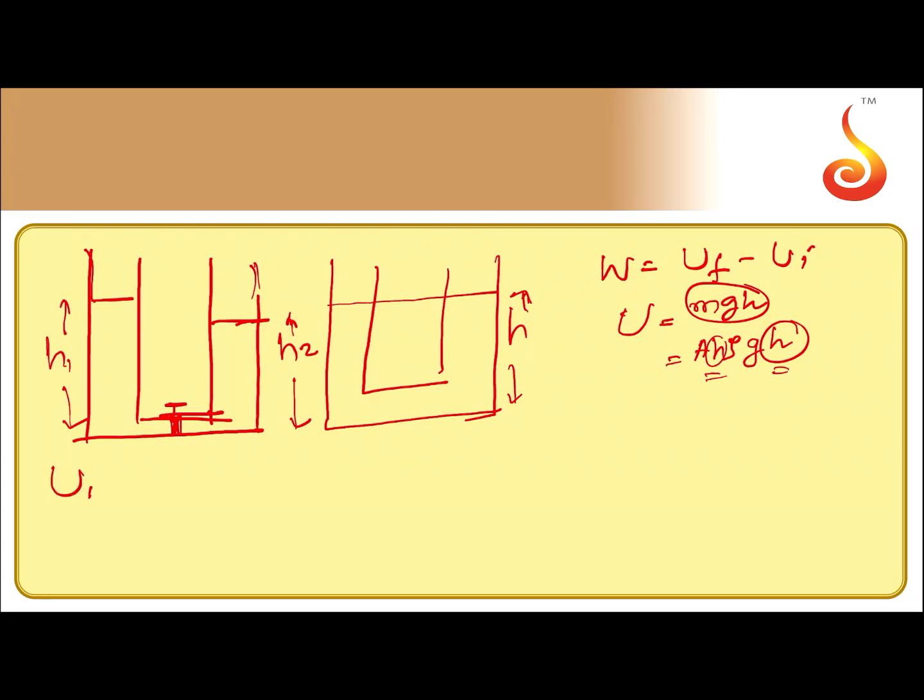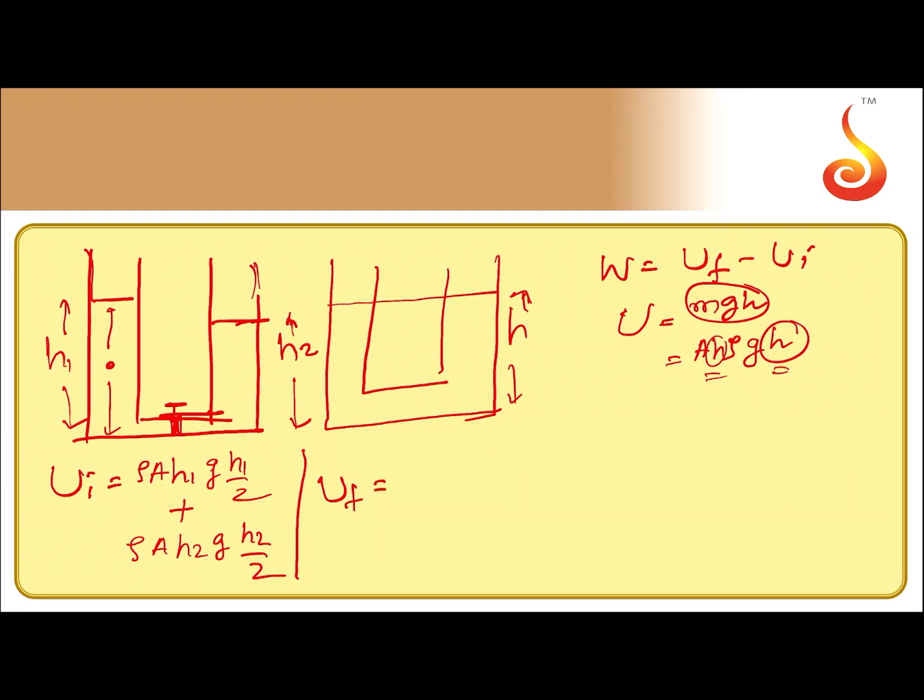So initial potential energy is rho into A into h1, that gives me mass, into g, h1 divided by 2 because its center of gravity is at a distance of h1 divided by 2 from the bottom, plus rho A h2 into g h2 divided by 2. This is the initial potential energy.